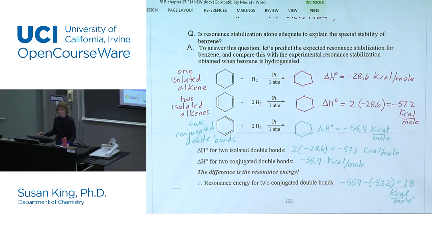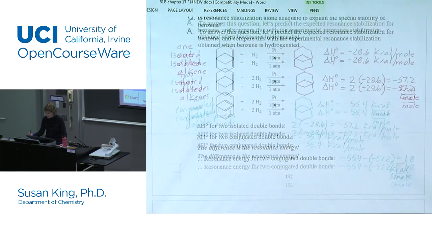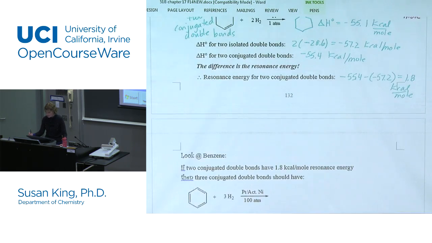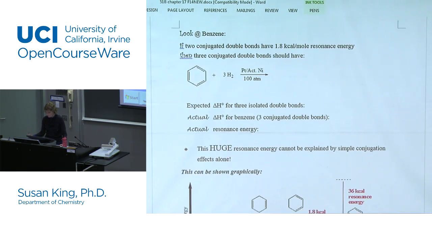We're going to put this all up graphically in just a minute. It will be easier for you to see what's going on. Okay, so on the next page, now what do we expect for benzene? If two conjugated double bonds have 1.8 kcals per mole resonance energy, then if we add another double bond, wouldn't you expect twice that?